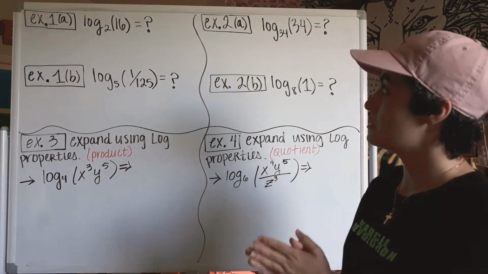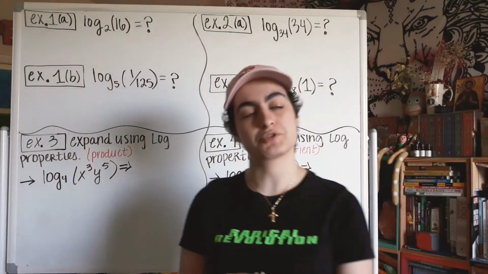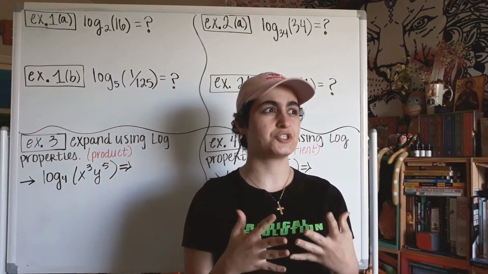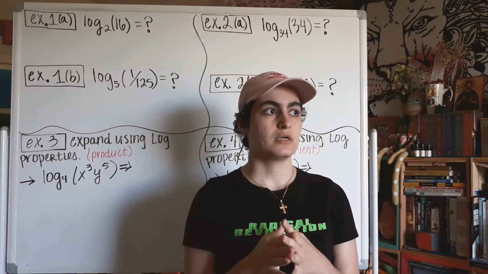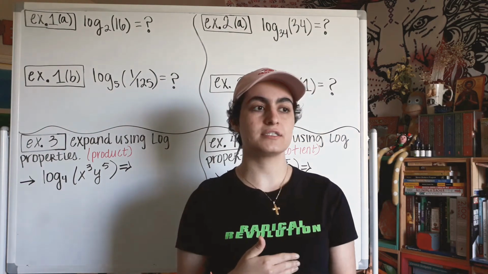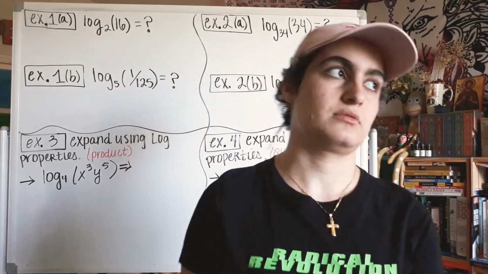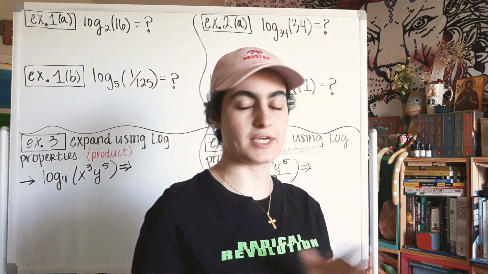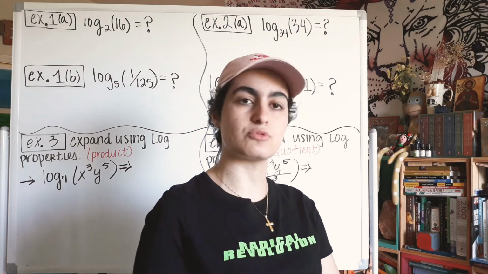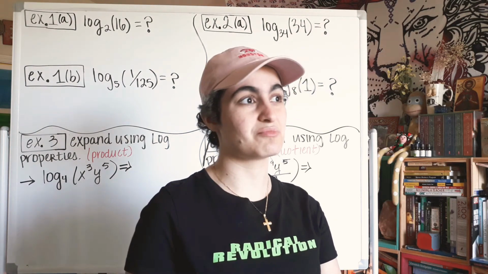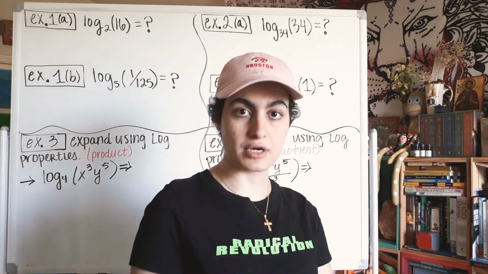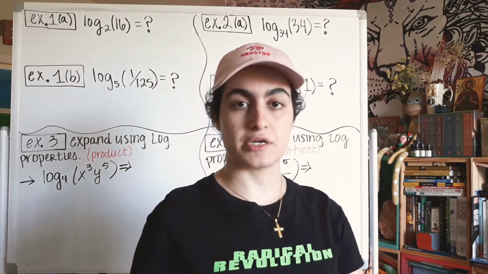So let's go ahead and talk about what logarithms are. Logarithms are just a way to find an unknown exponent. Okay, so exponents, as you guys know, look like anything. They can take the form of a fraction, a decimal, a really ugly decimal, really ugly fraction, negative numbers, zero, imaginary numbers.